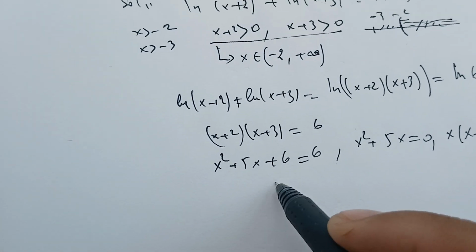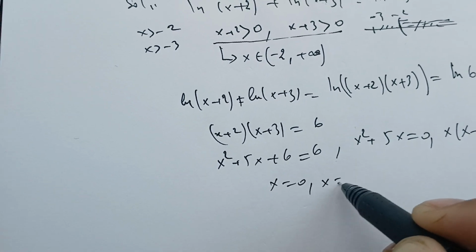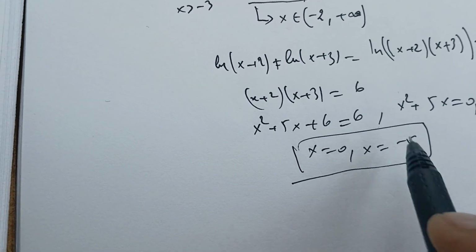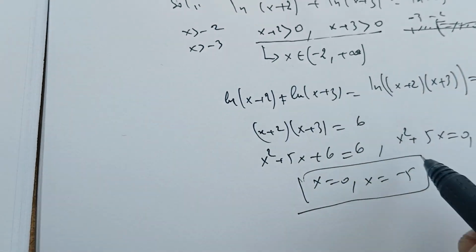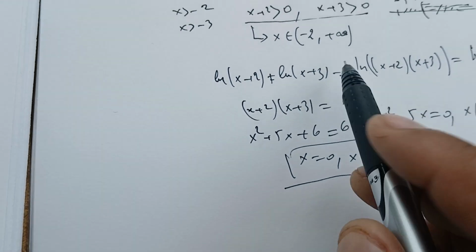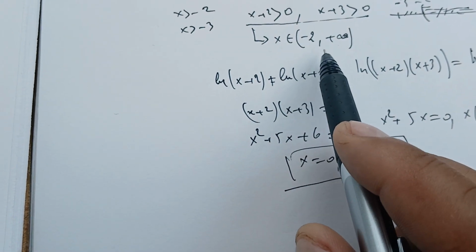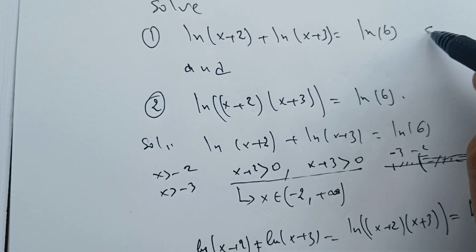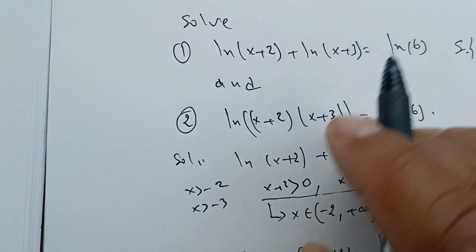That means x is 0 or x is minus 5. But only 0 belongs to the interval minus 2 to plus infinity. Minus 5 doesn't belong here. Therefore, the only solution for this equation is 0.